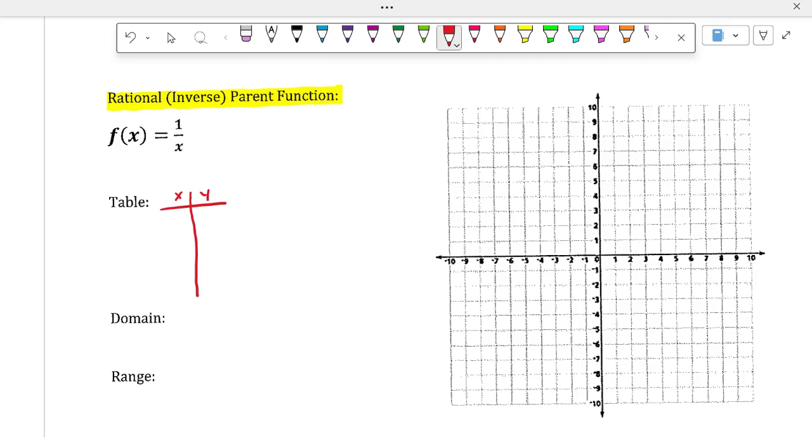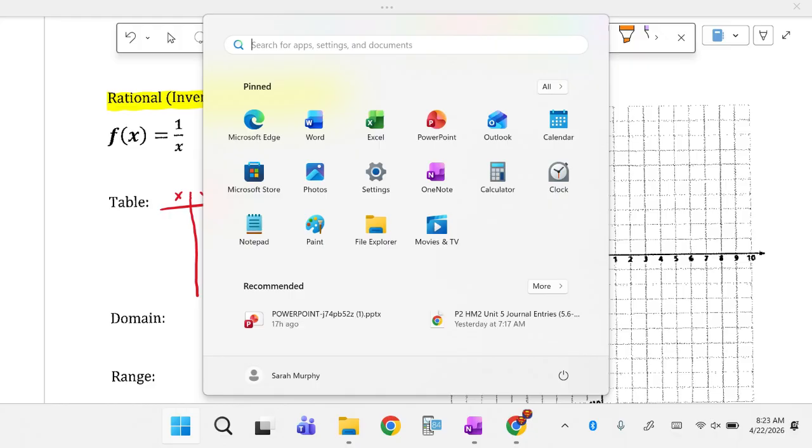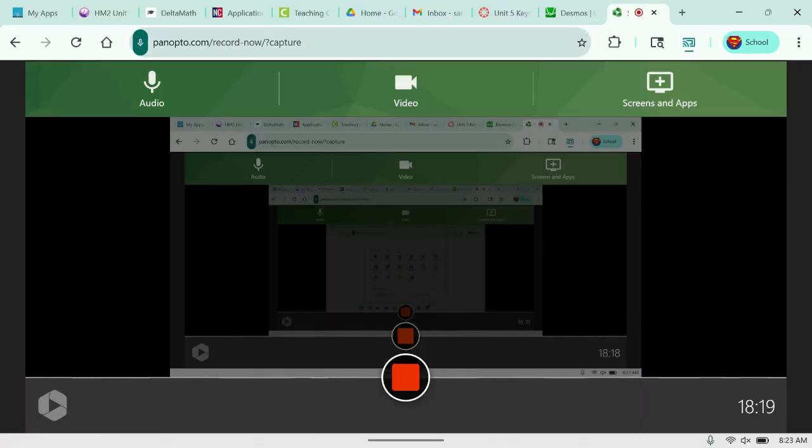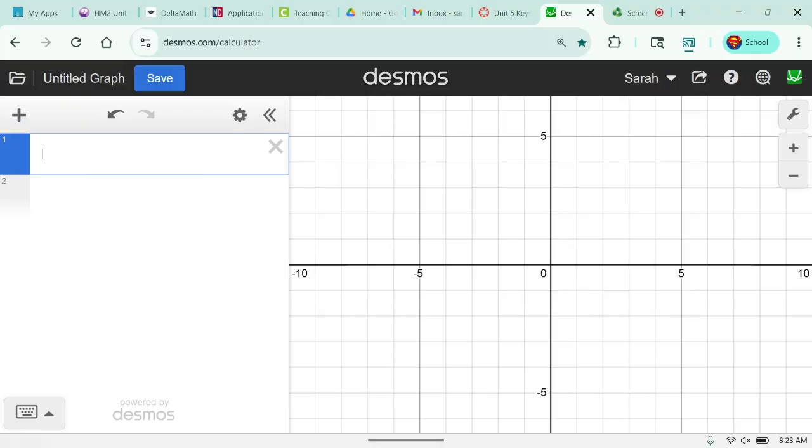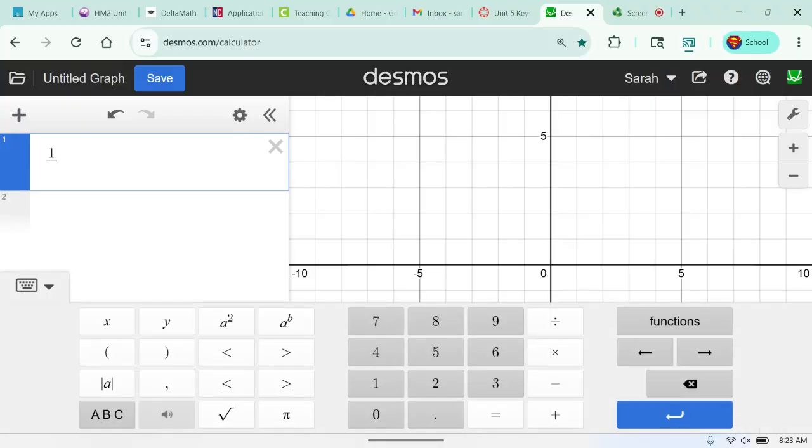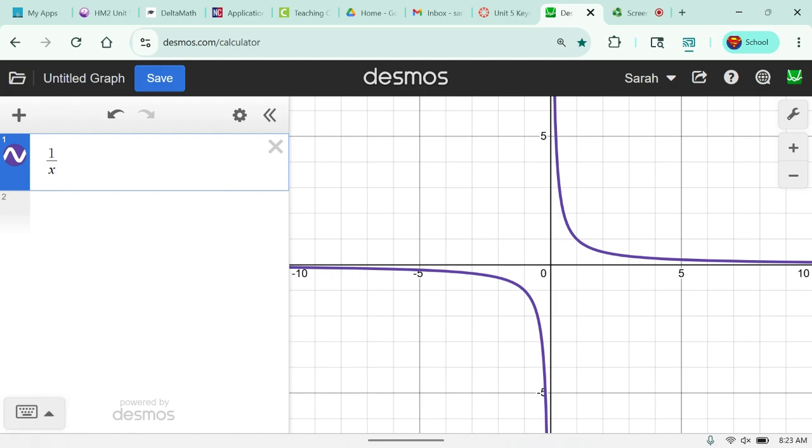So I'm going to go to Desmos, and I'm going to type in 1 over x. So it's 1 divided by x. Now, the graph looks a little bit funky, but that's okay.